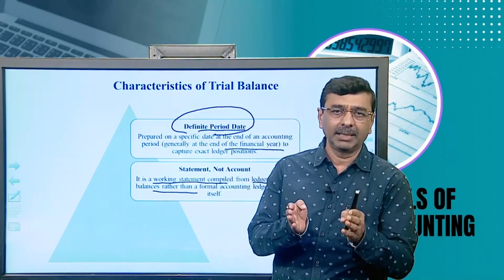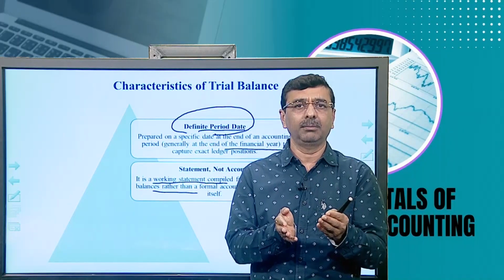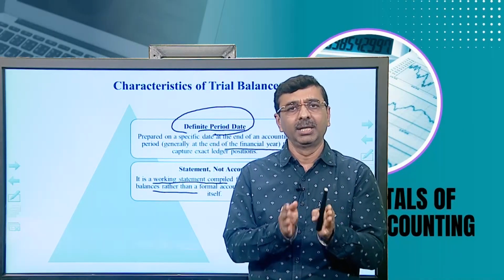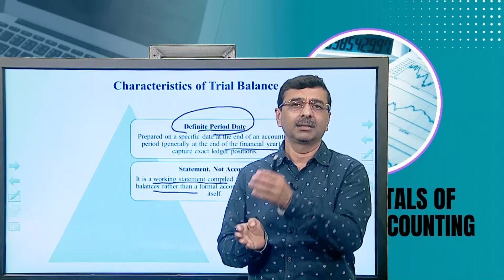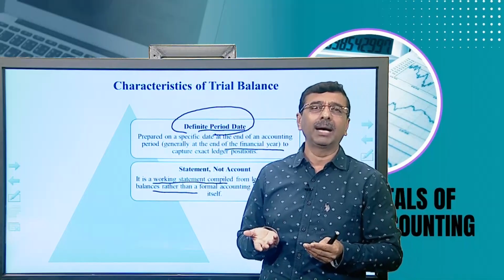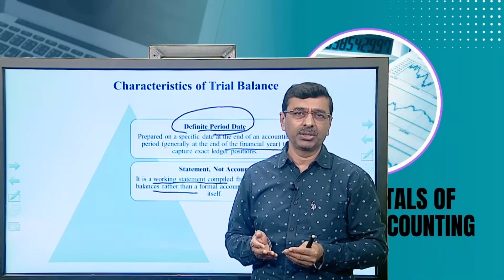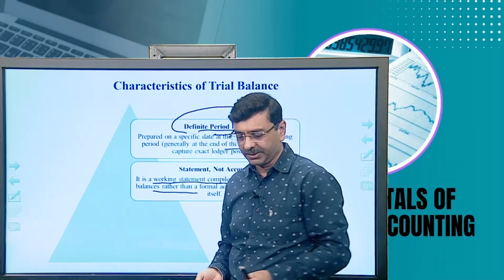So, ultimately from the ledger book you will find out the closing balances from each account and transfer them into this trial balance. So, at least you are able to know how many accounts have a balance, and those balances will show the financial position of your business.